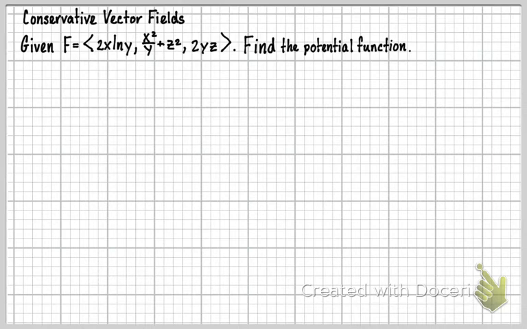When I think of vector fields, the gradient of f, which is the potential function here, equals F. If I look at this vector field, this P, Q, R that we see, what we can think of when we think of the gradient is ⟨f_x, f_y, f_z⟩.